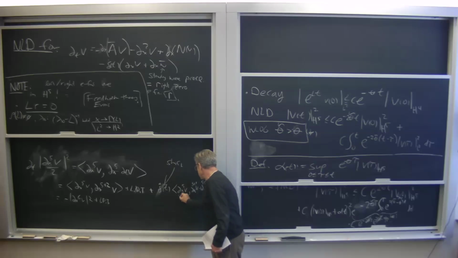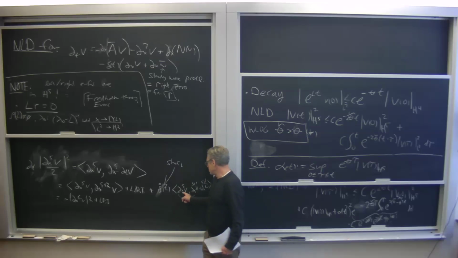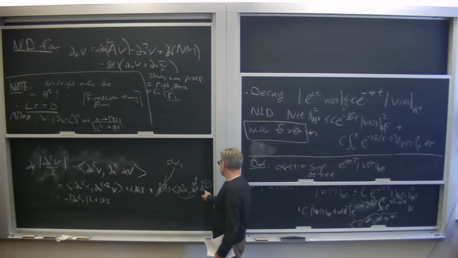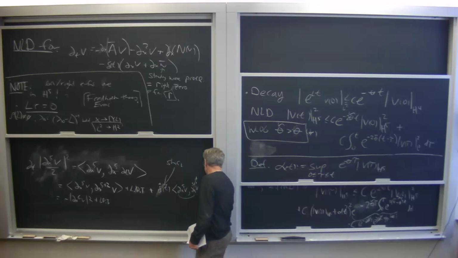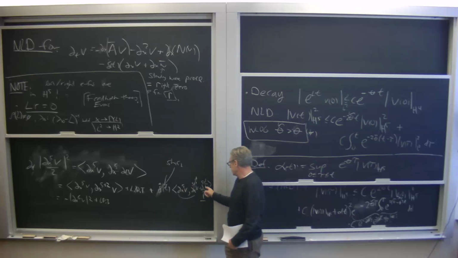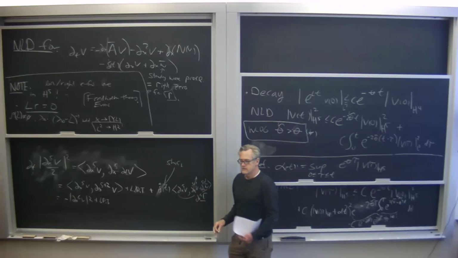Right, these two cancel. This is skew symmetry. So these cancel. And then this one is just the right eigenfunction, ∂x to the 5th of the right eigenfunction.